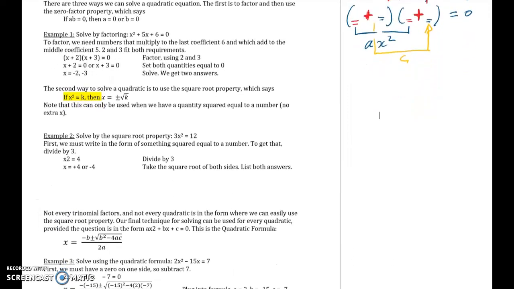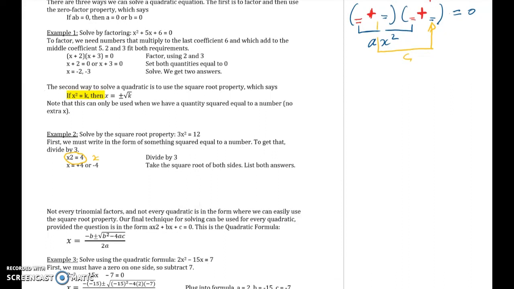When you look at the second equation, example number 2, as you can see right here, there is a tiny mistake, because in fact it's supposed to be x squared equals 4. But using what I'm supposed to remember, that because x squared equals k, therefore x equals plus or minus the square root of k, I'm getting x squared equals 4.